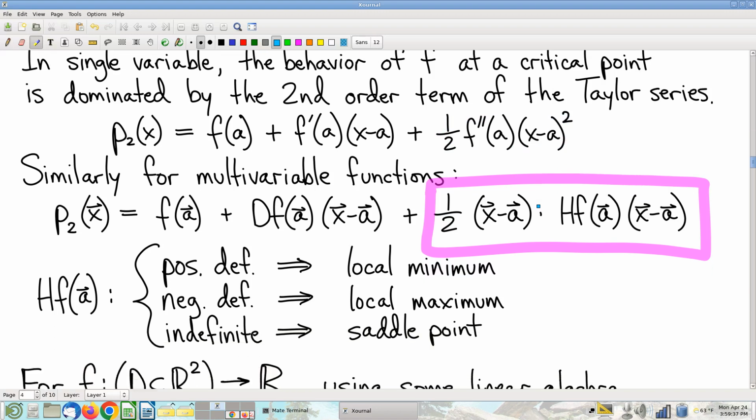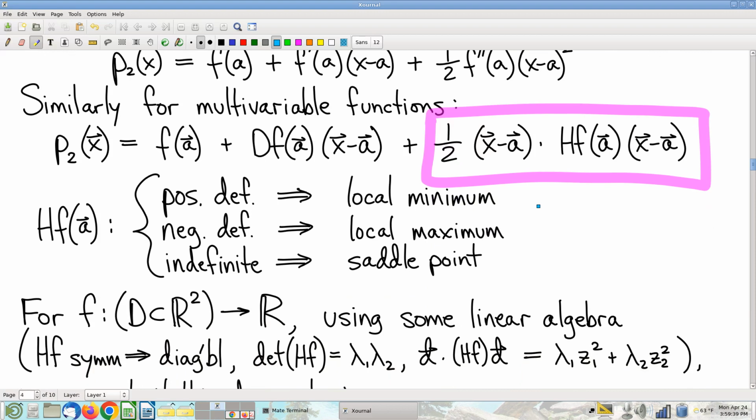What we need to know is whether this quadratic form is positive definite or negative definite or indefinite. I need to know whether this term is always positive, in which case, if you think about it, we're talking about a concave up graph, which means that my critical point's a local min, or vice versa.